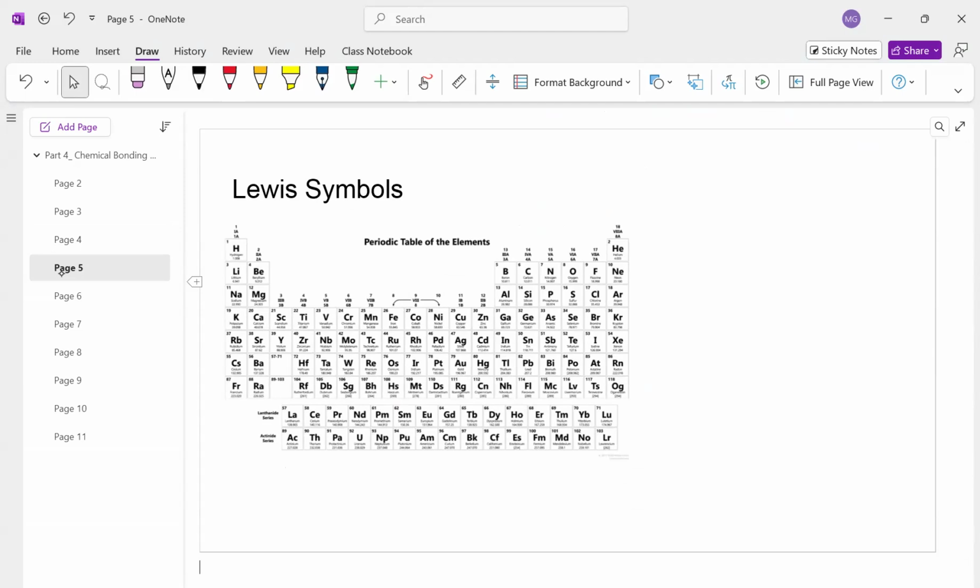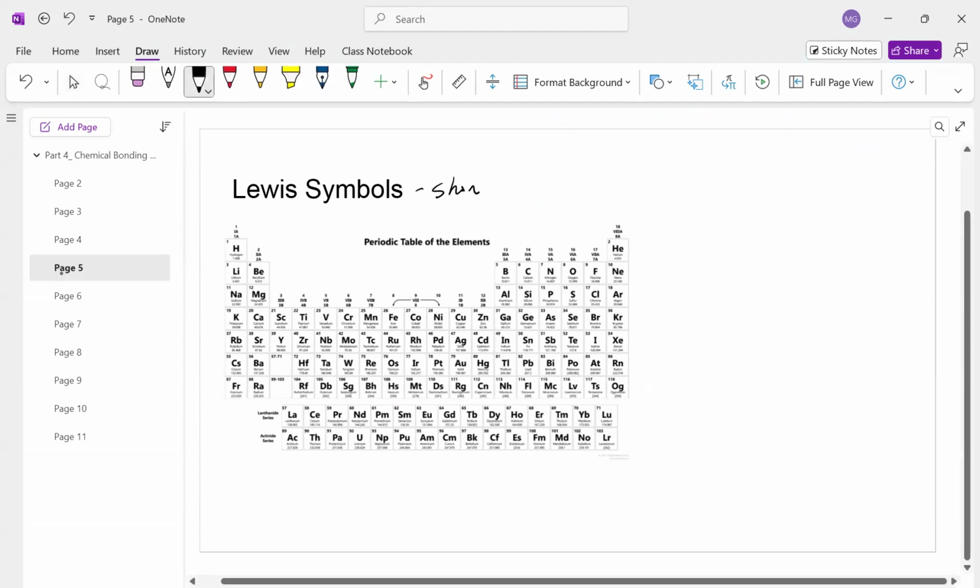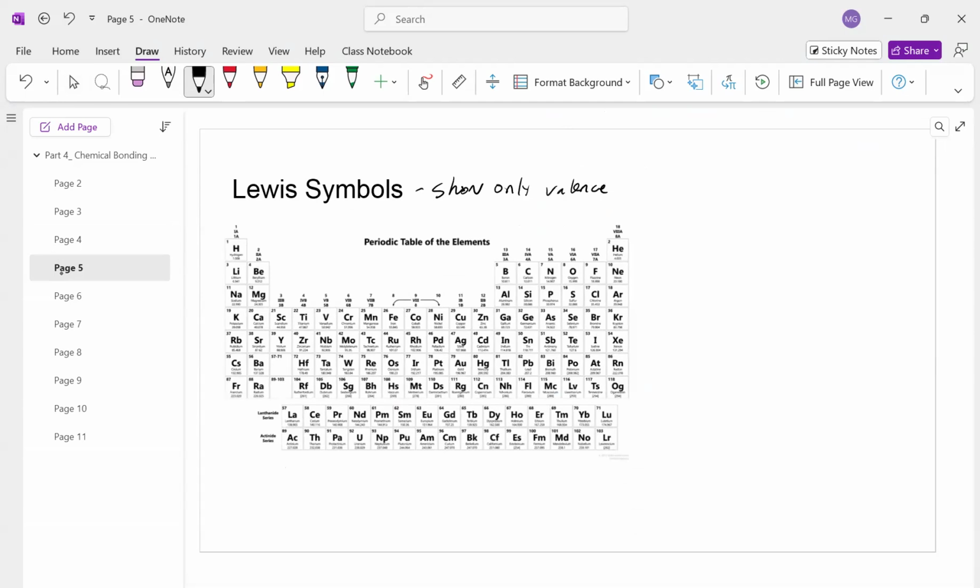Lewis symbols show only valence electrons. Why do we care about valence electrons and not the core ones? Because as I've said before, those are the ones that get to do all the fun stuff. Those are the ones that are involved in chemical bonding. And so we use these Lewis symbols to show valence electrons, and electrons are represented by dots.